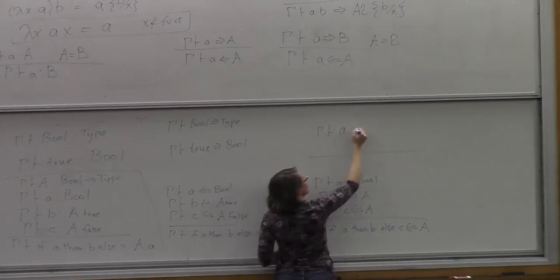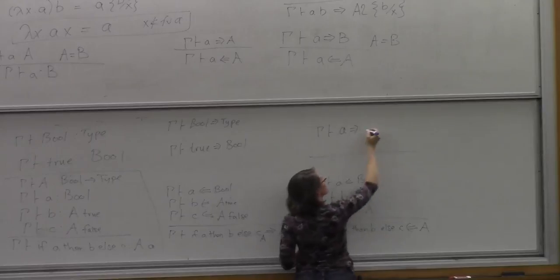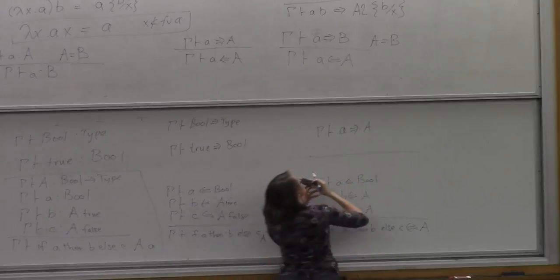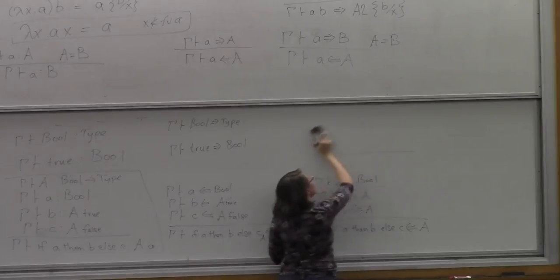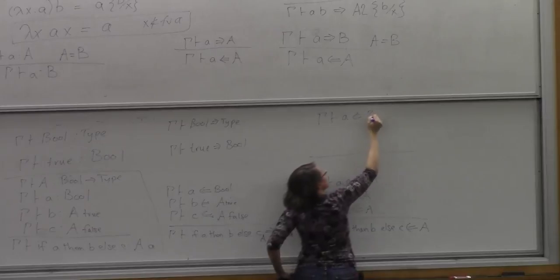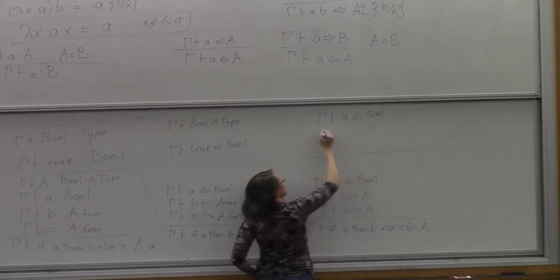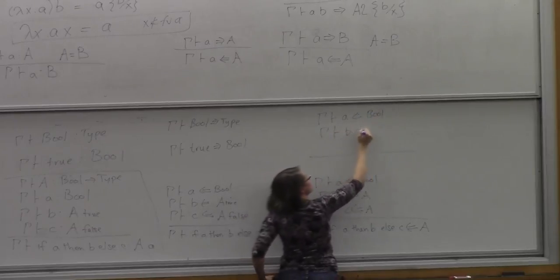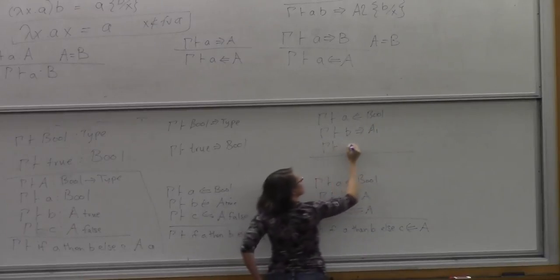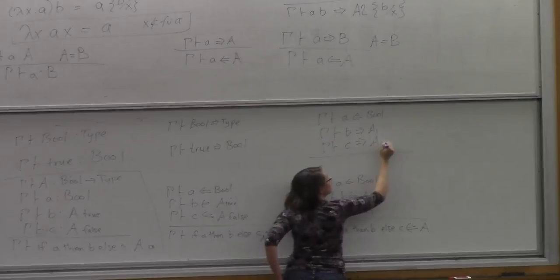right, so we infer this and then get A. Oops, no, that's not right. Sorry. We start with A as a Boolean. Right. Start with B, we get A1. We start with C, we get A2.